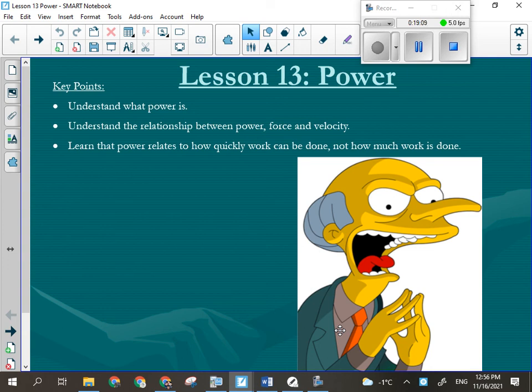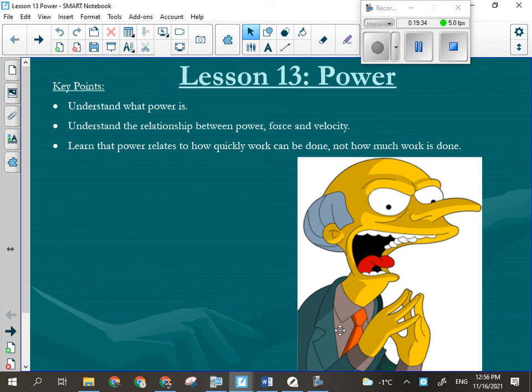Okay, similarly, if I have a 2 horsepower electric lawnmower and a 5 horsepower gas lawnmower, which one will mow my lawn faster? The gas one. Okay? Can they both mow my lawn? Absolutely. But one will take longer. I can't walk as fast behind the 2 horsepower one because it won't keep up.